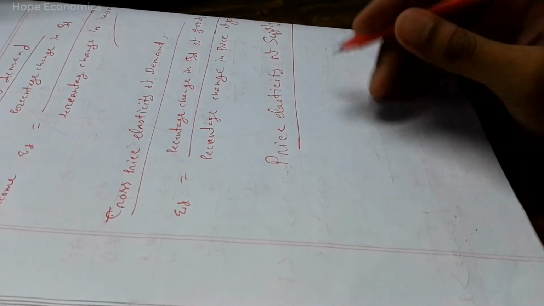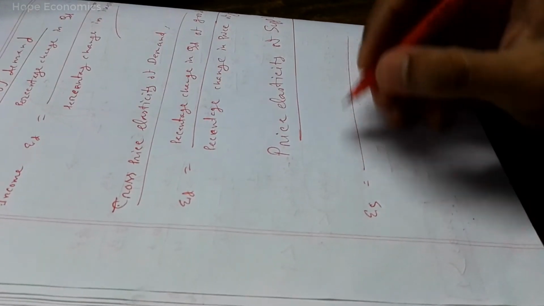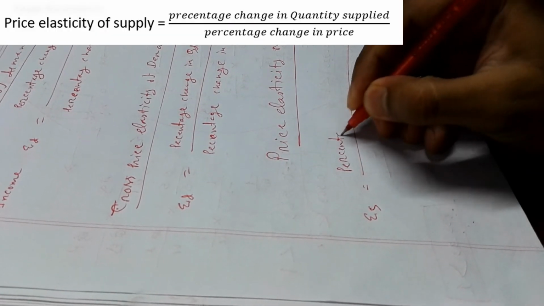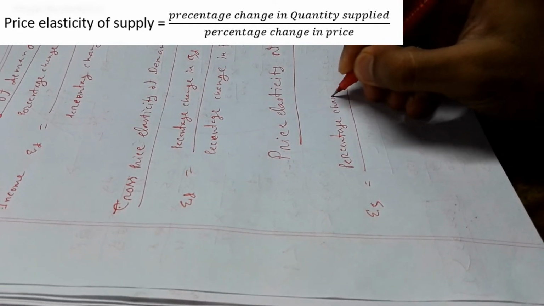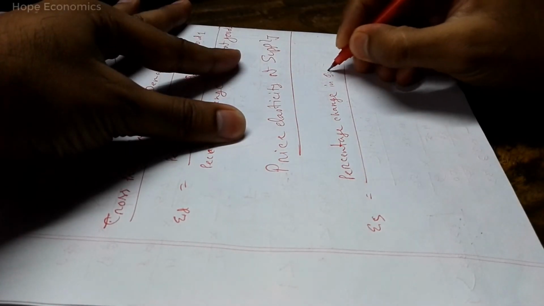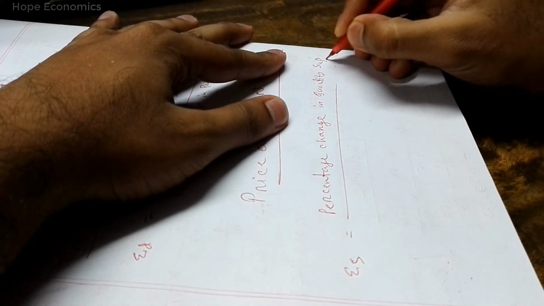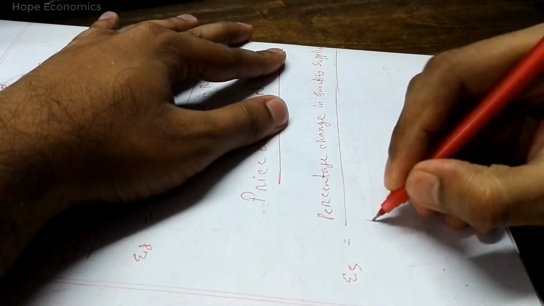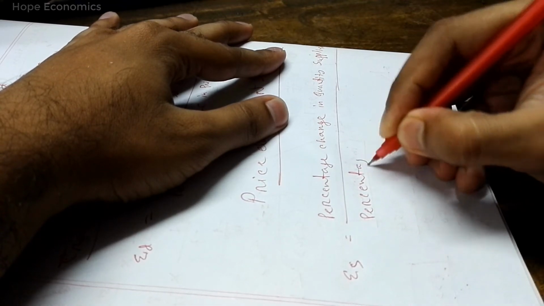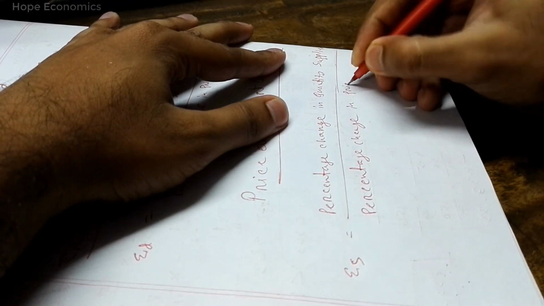So as usual, the basic law of price elasticity of supply is the percentage change in quantity supplied divided by the percentage change in price of that good.